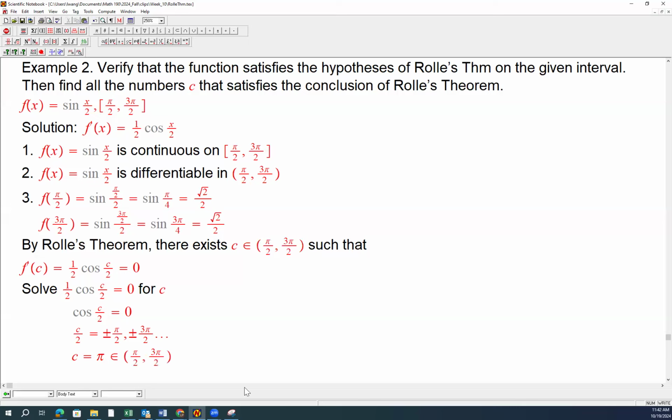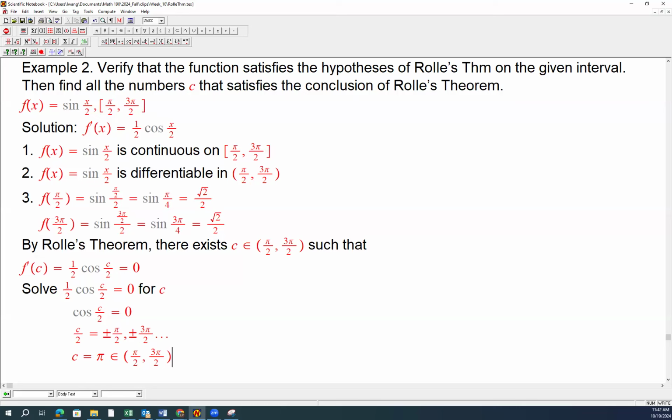So applying our knowledge about trig functions, you also need to know that the c we're looking for has to be within the specified interval. Within the specified interval, we really just have one.